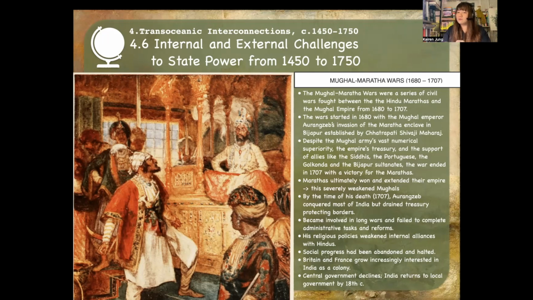This weakened the Mughals, and by the time he died in 1707, Aurangzeb had conquered most of India but drained the treasury. And so in this, what do we see? We see that Britain and France ended up growing interested in India as a colony, and central government declined. India returned to its local government by the 18th century.